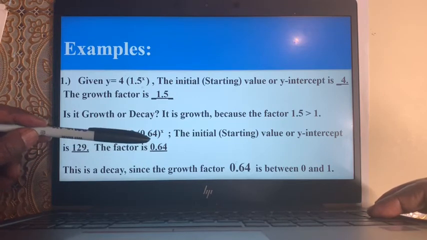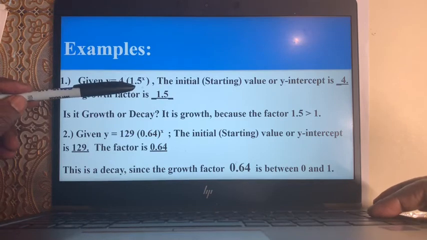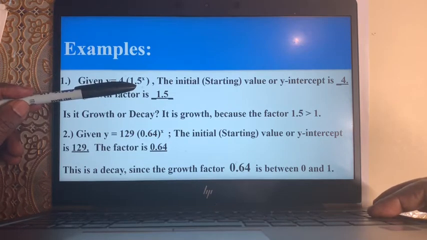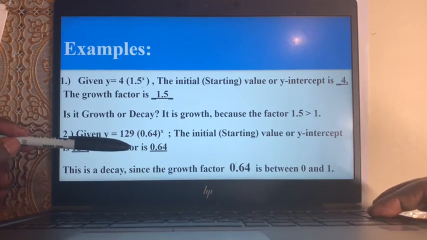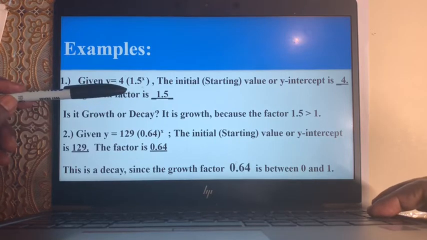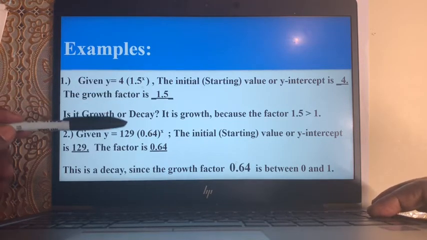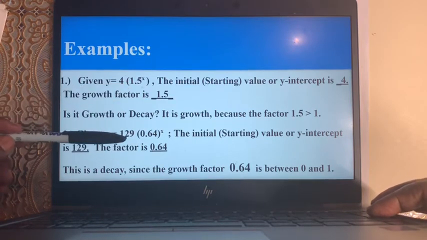So b, in a times b to the power of x, is what determines whether it is a growing or increasing exponential function, or a decay or decreasing exponential function.